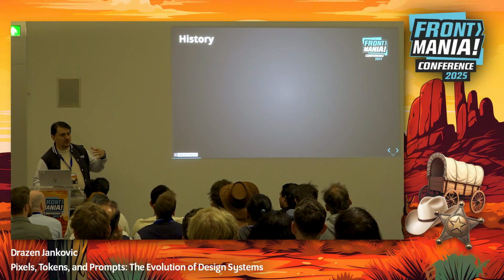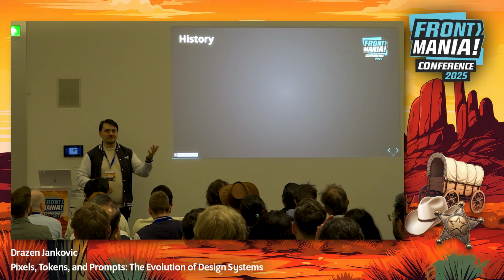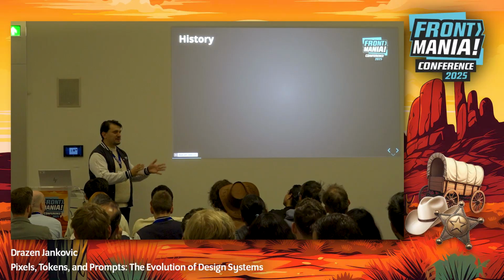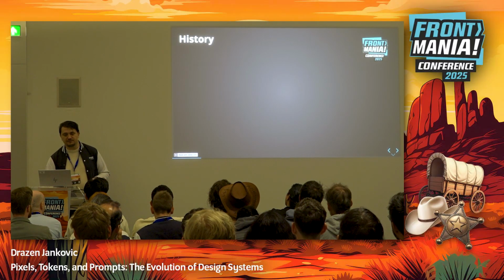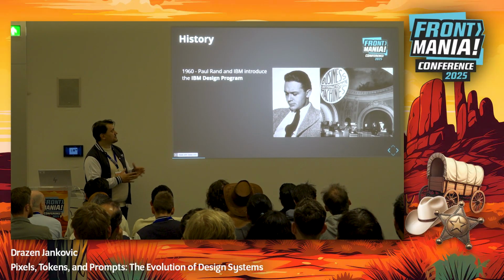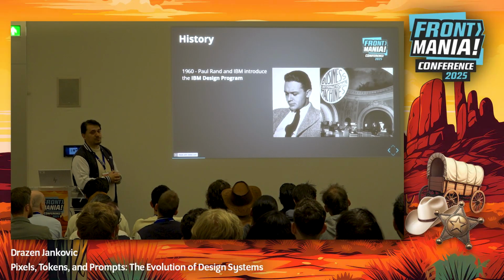Back when we were thinking of style guides and when they started, most people think probably in the 80s with Apple, or maybe in the 90s when Microsoft also joined the party. But the actual first style guide started back in 1960 by the designer Paul Rand, who introduced the 13 lines for IBM in the IBM design program.